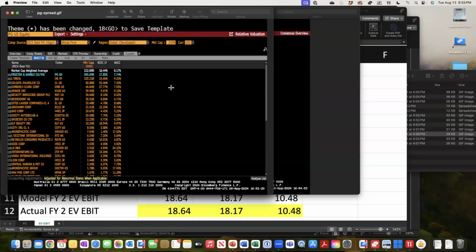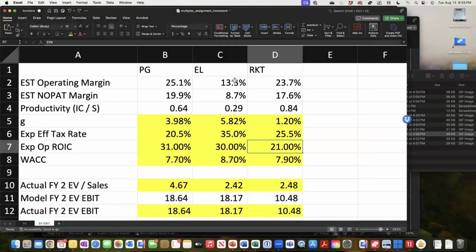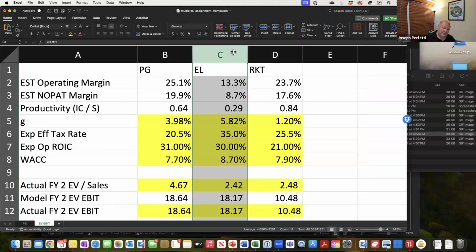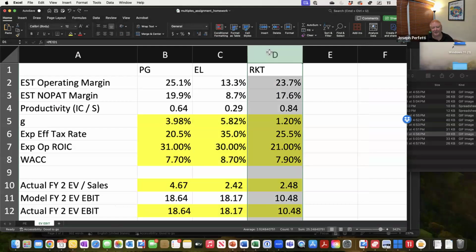I got a quick question. Yes. So are you basically saying, if you're going with the third method on one of the companies, you prefer to change it all to be the same method? If you go with method number 3, what I'm saying is, I don't like the third method for RKT, but I'll accept the third method for RKT.